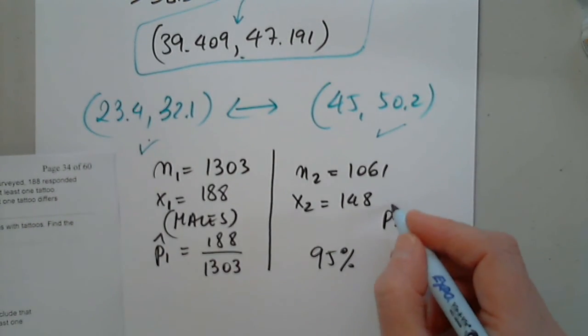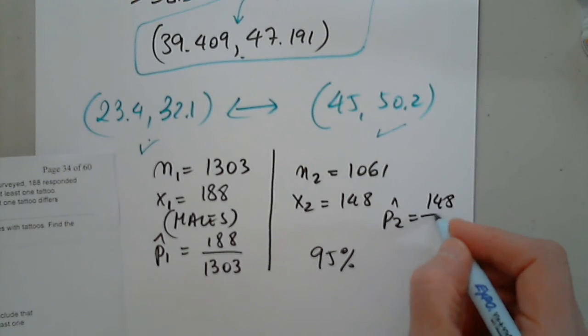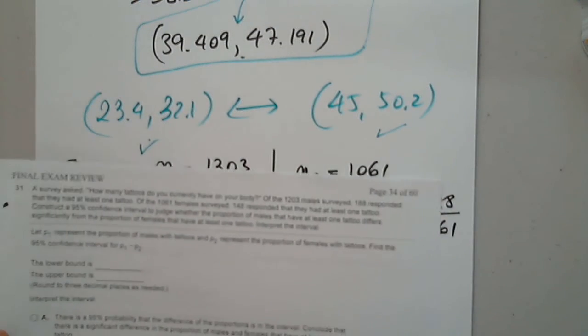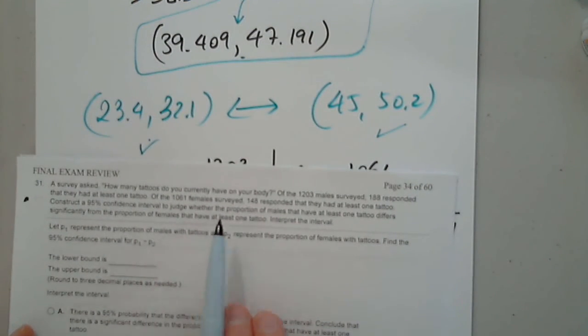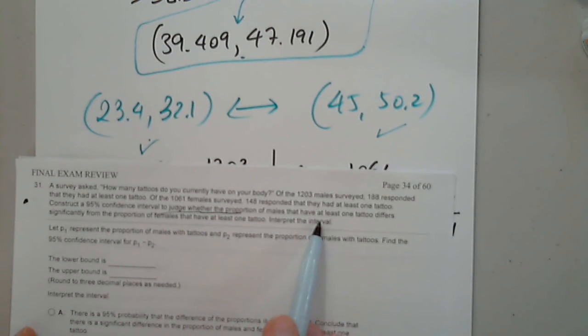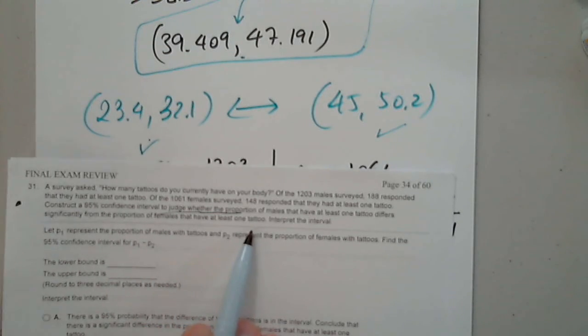And of course, p2 hat would be 148 over 1061. Use the 95% confidence interval to judge whether the proportion of males that have at least one tattoo differs significantly from the proportion of females that have at least one.